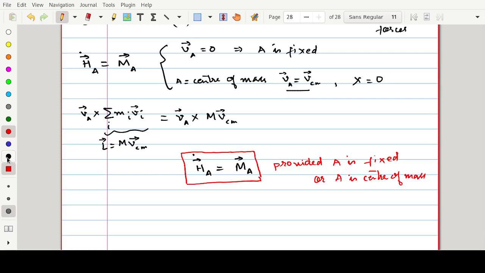Now from this you can also write all the impulse momentum and momentum conservation laws. So you can write HA2 minus HA1 is equal to integral of net external moment MA dt, angular impulse for the system. All right.